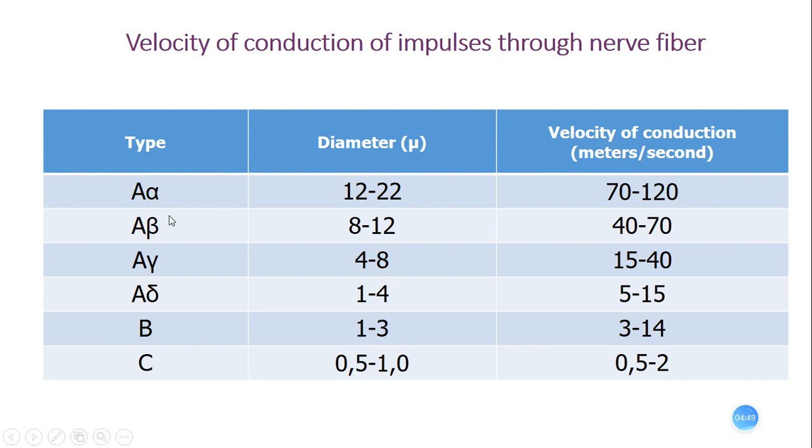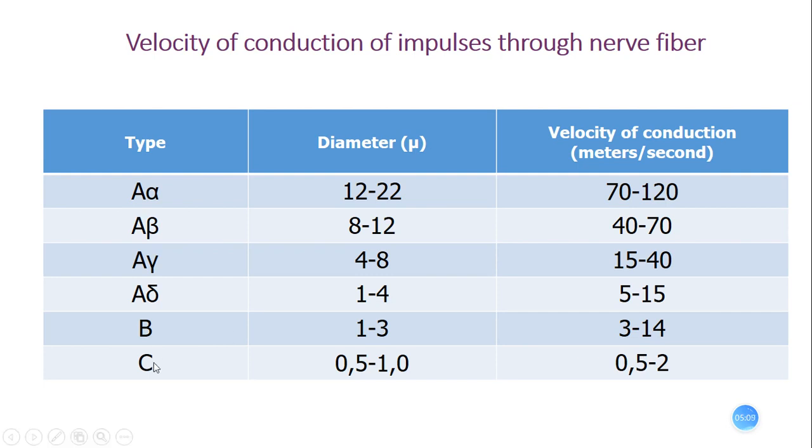Then we have beta, gamma, delta, and then the diameter becomes smaller and the velocity of conduction becomes slower. And C is the slowest nerve fiber.